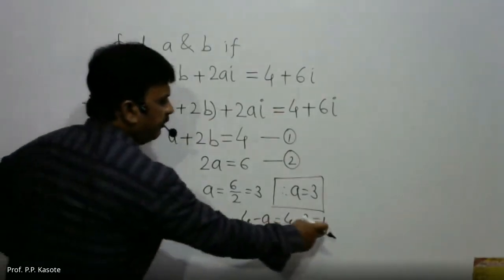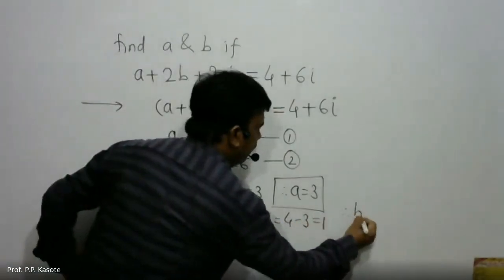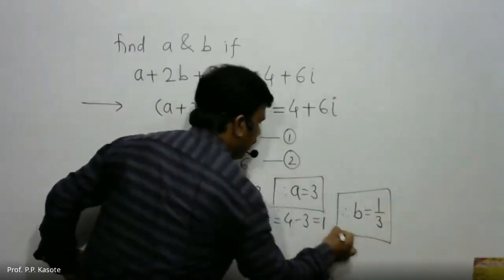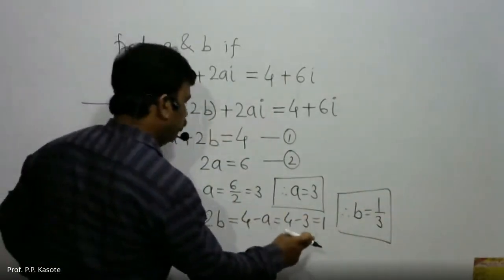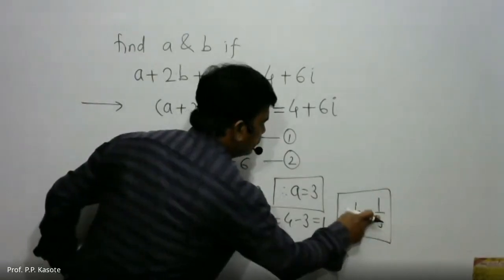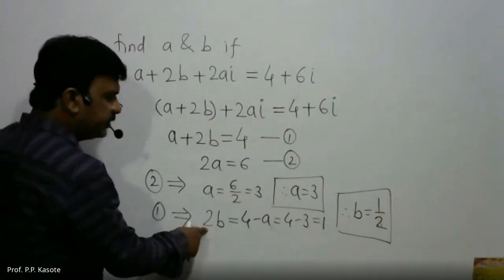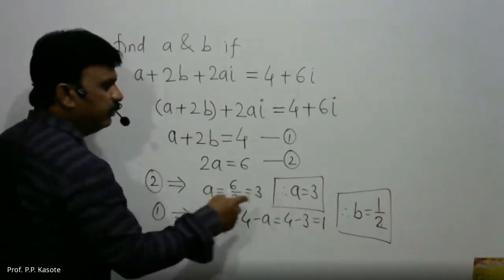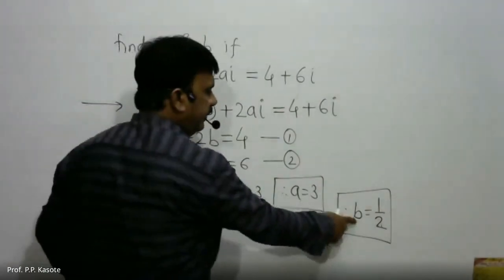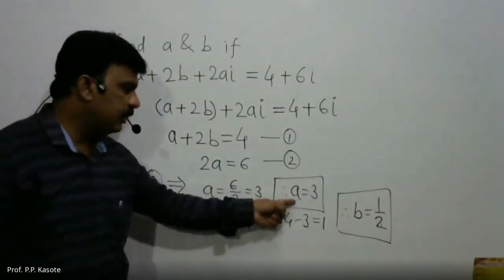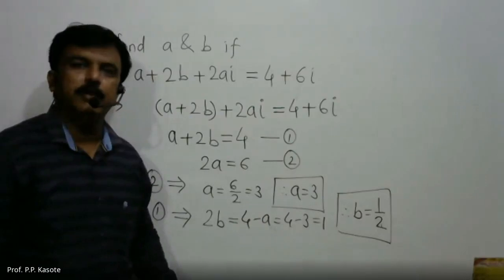So 2b is equal to 1. I'm sorry, b is equal to 1 upon 2. After shifting this 2 to the right hand side, it will go in the denominator so that we got b is equal to 1 upon 2. This is how we got both the values. a is equal to 3 and b is equal to 1 upon 2.